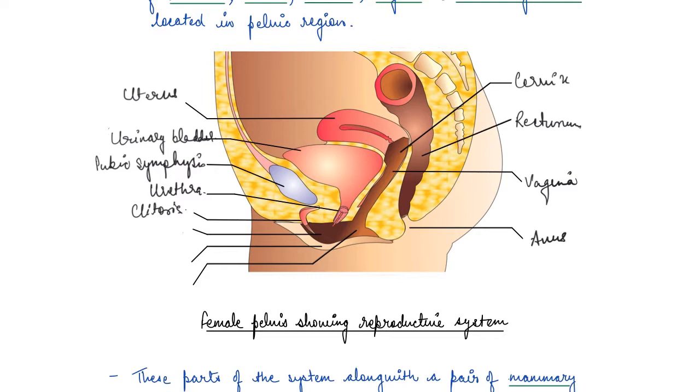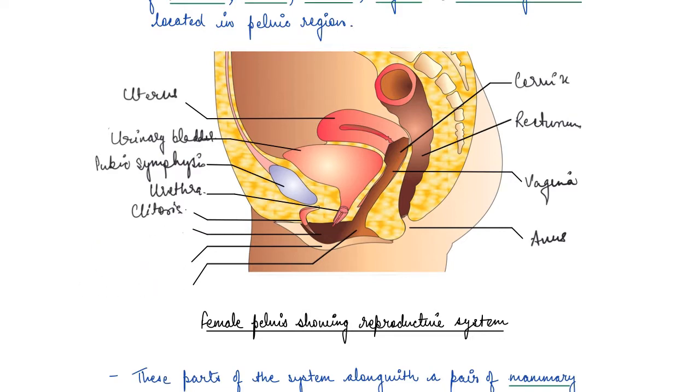And here, this region is again divided as labium minora, labium majora, and vaginal orifice. So this completes our human female reproductive system, which is present in the pelvic region.